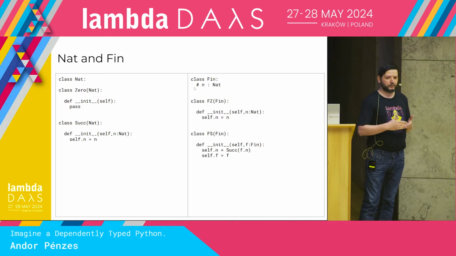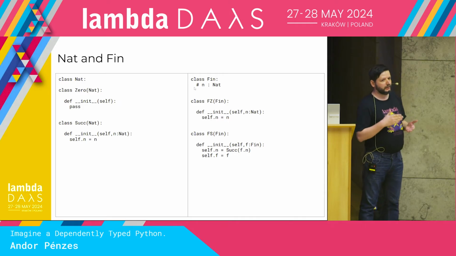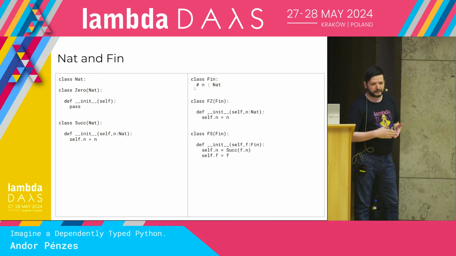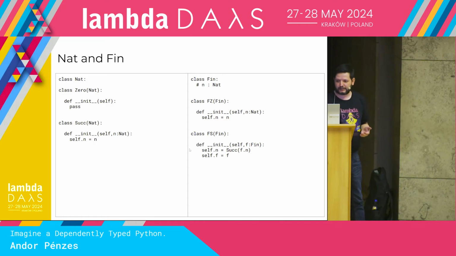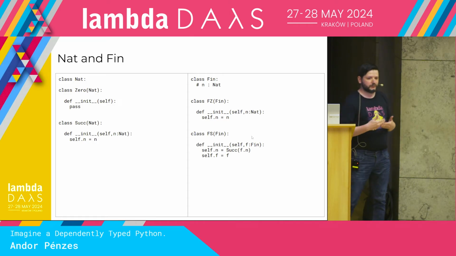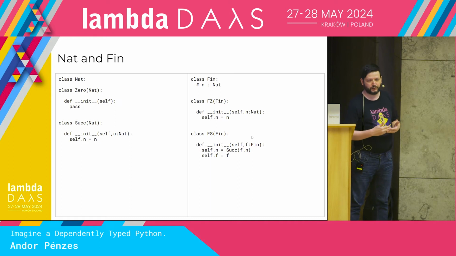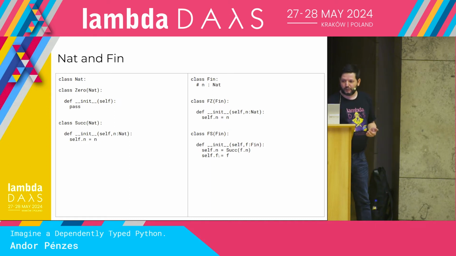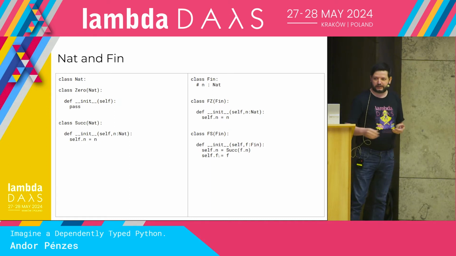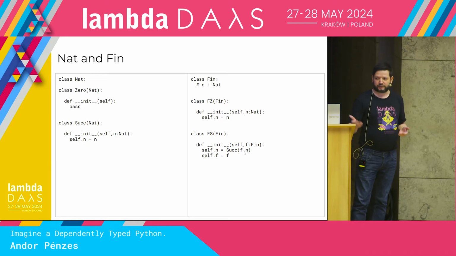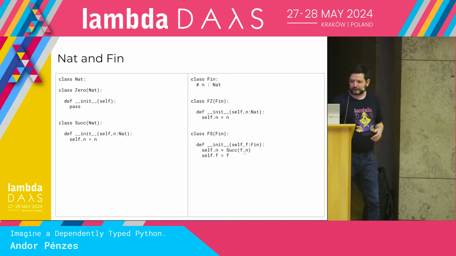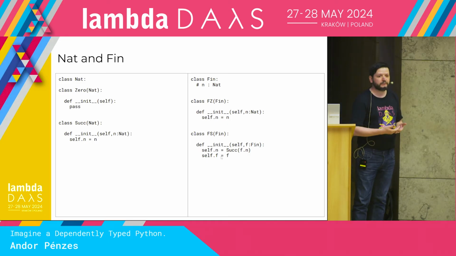And we have two subclasses here, the finite zero, which must have an index for the natural numbers, or the finite successor, which accepts another finite number, and we compute its index using the index coming from the other finite natural number, and in the second line, we just wrap everything.